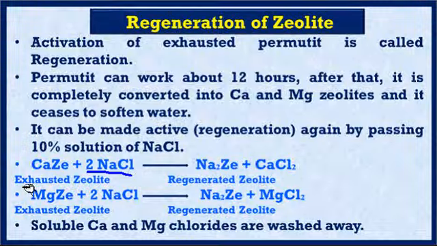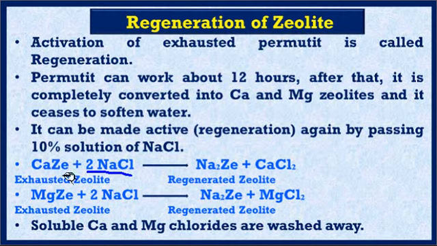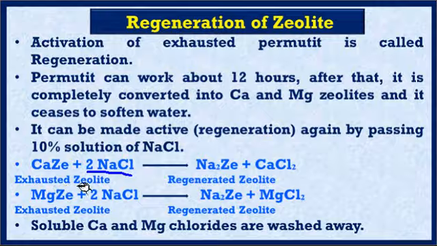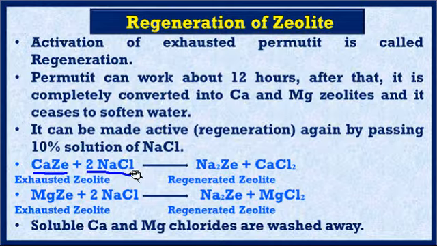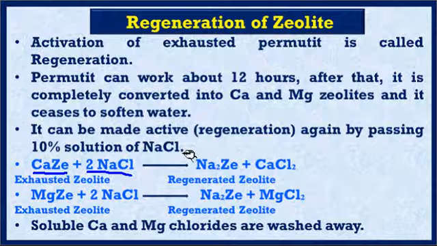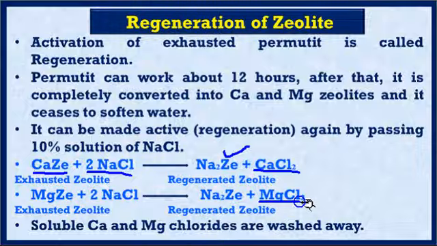So it can easily exchange the calcium ions with the sodium ions. So the exhausted zeolite, that is calcium zeolite, now reacts with the 10% solution of sodium chloride and is converted into its original form. That means it is regenerated again into the sodium zeolite form, and from the drain we can drain out the calcium and magnesium chloride.